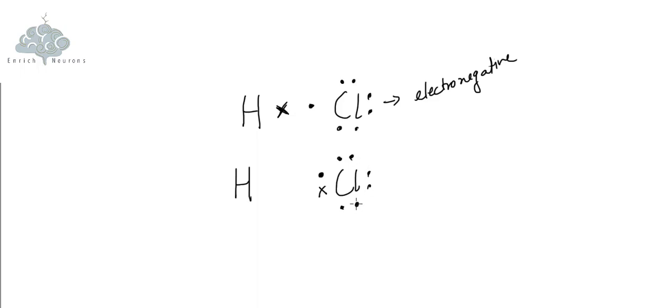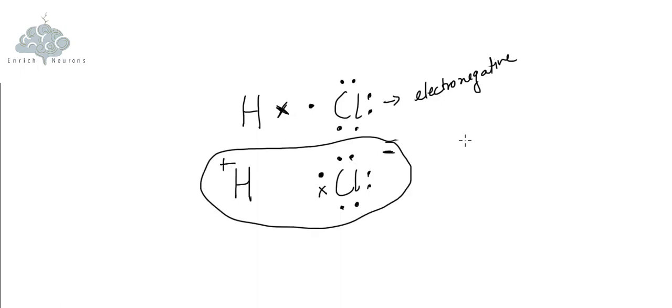Because of this, chlorine gains a negative charge and hydrogen gains a positive charge. And then when you dissolve this molecule in water, they readily separate in the form of ions. In this covalent molecule there was an induction of a charge: chlorine got a negative charge because of the electrons moving towards itself, and hydrogen got a positive charge because there were no electrons present here.